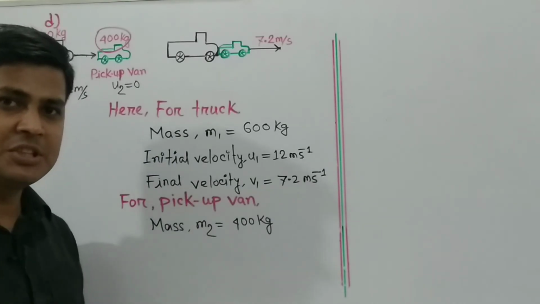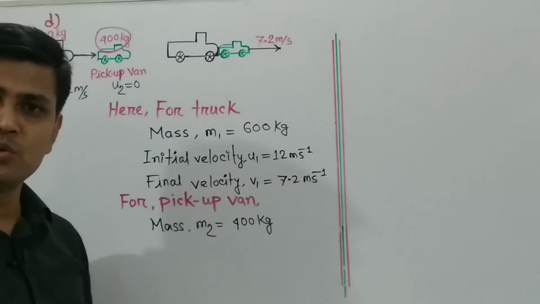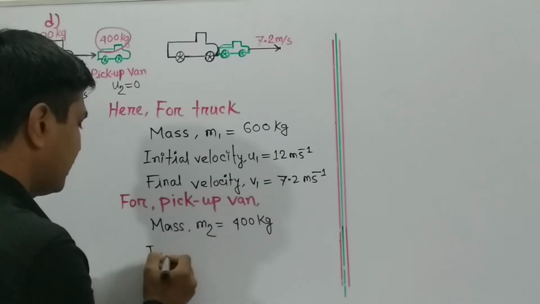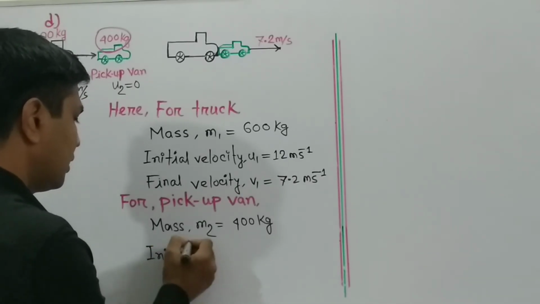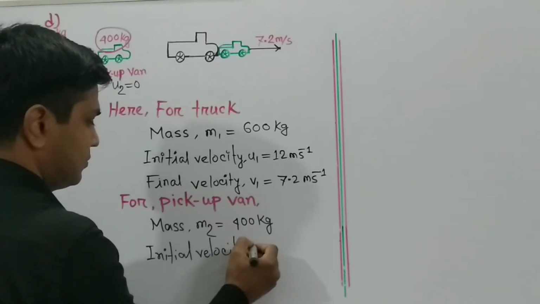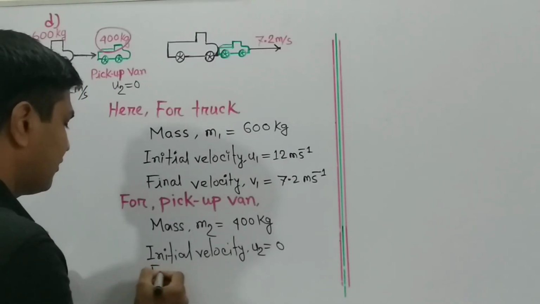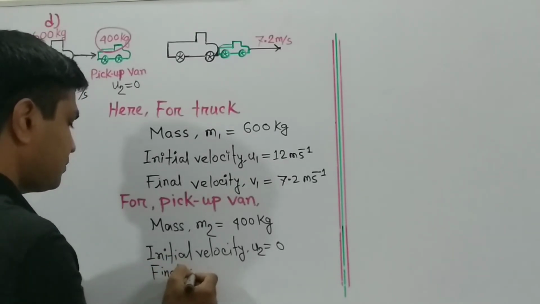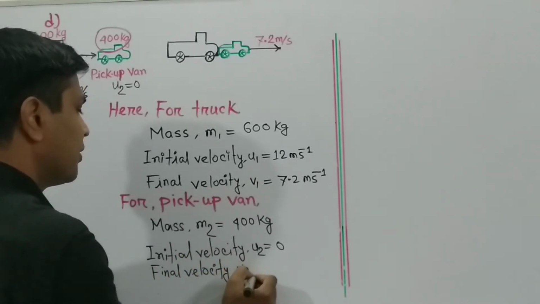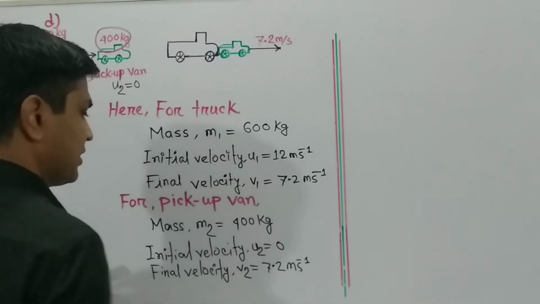The initial velocity is u2 equals to 0 and the final velocity v2 equals to 7.2 meter per second.